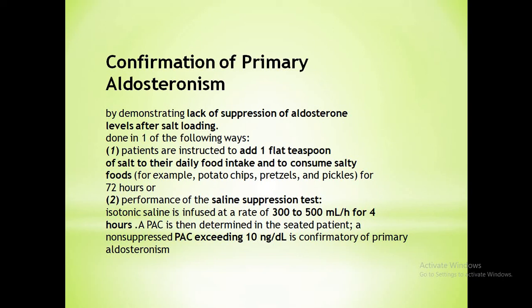So if the patient had salt-rich food for 72 hours plus 1 teaspoon of salt added to their daily food intake, or if you did a saline suppression test and then a PAC in the sitting position, and the PAC exceeds 10, it confirms primary aldosteronism.